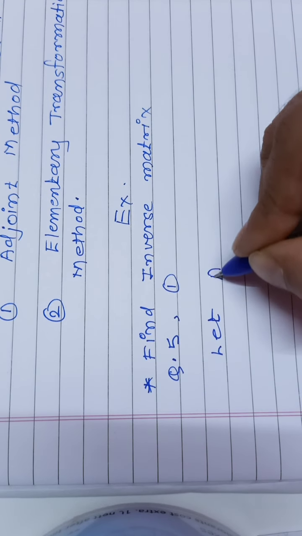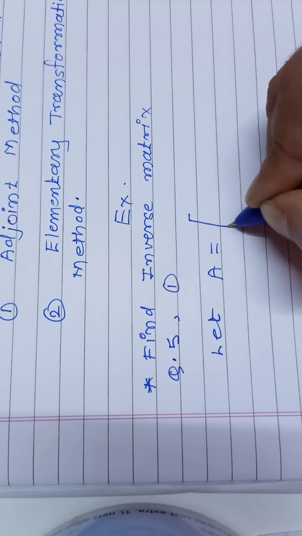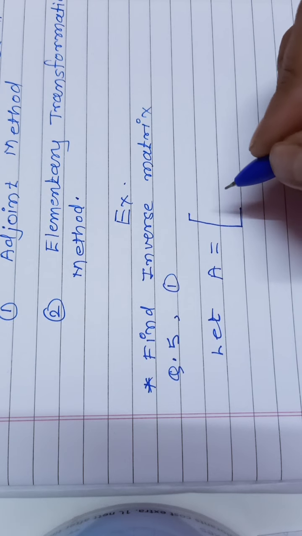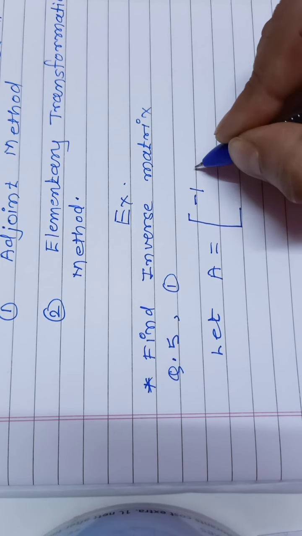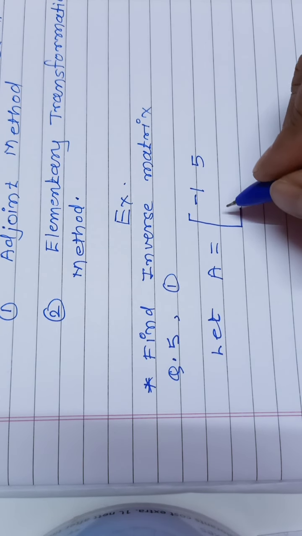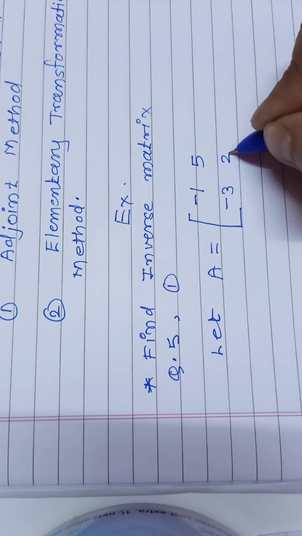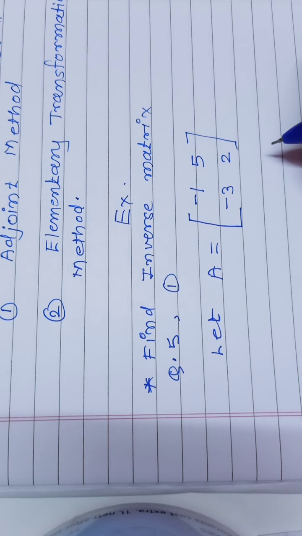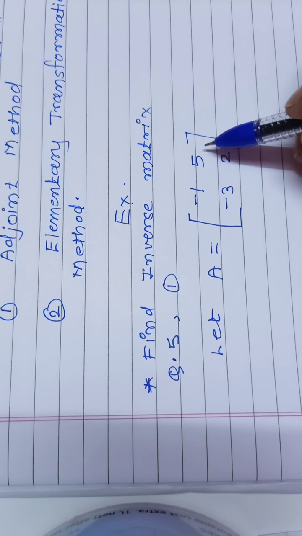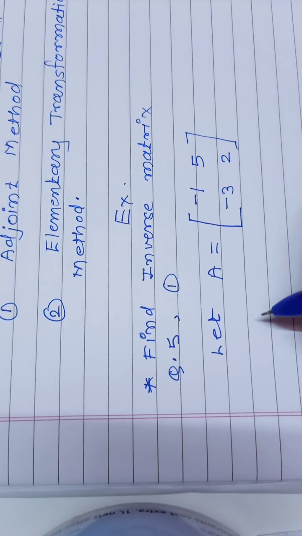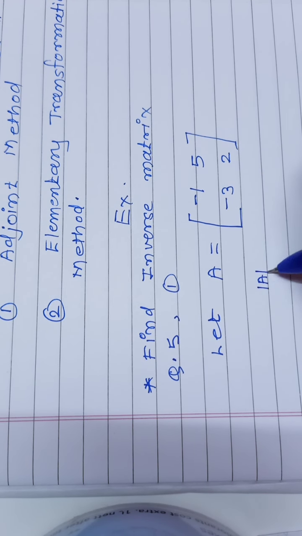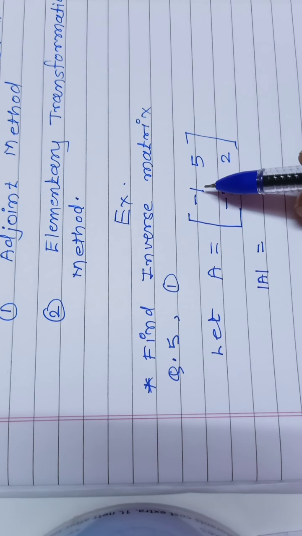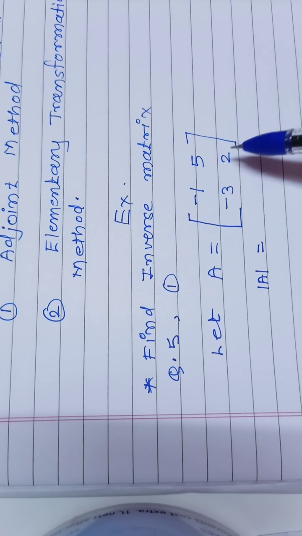Let A equal, a 2 by 2 matrix is given: [-1 5; -3 2]. So let us first find the value of its determinant. You know we are already proceeding with cross multiplication.